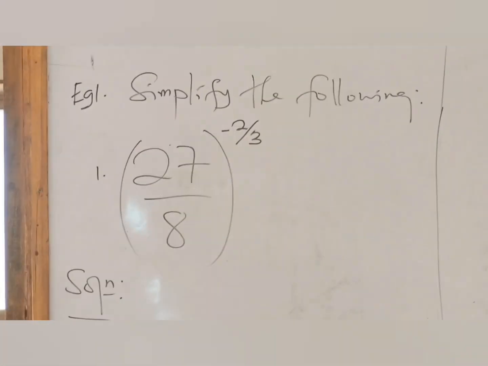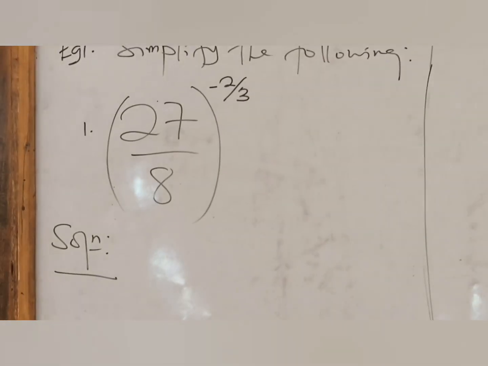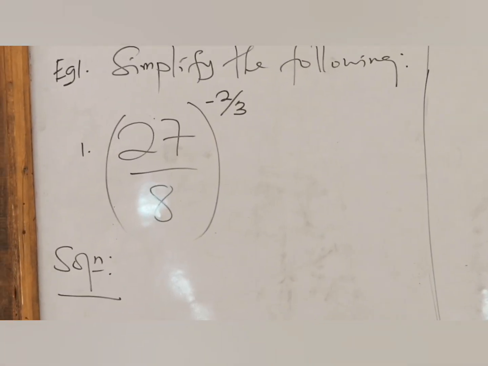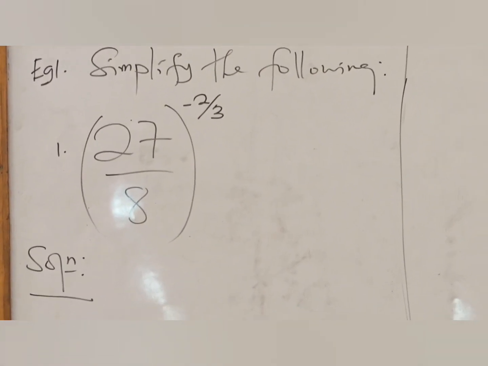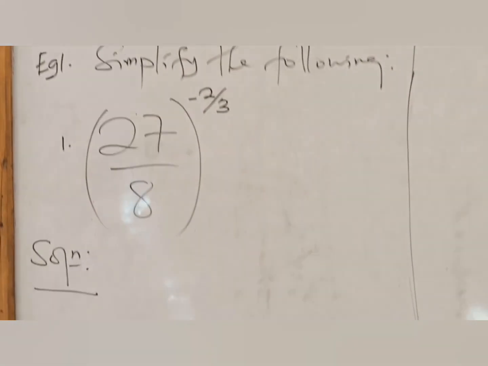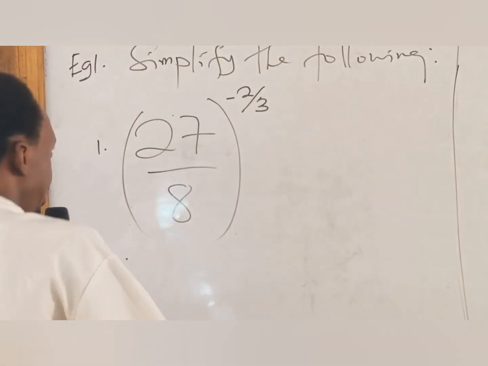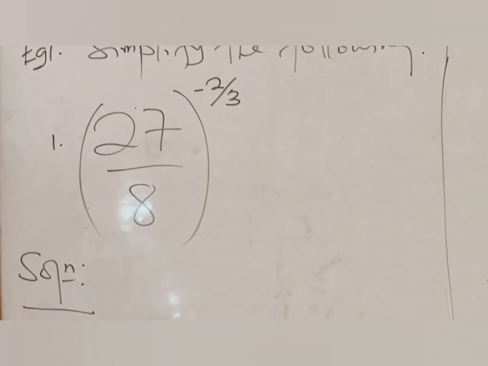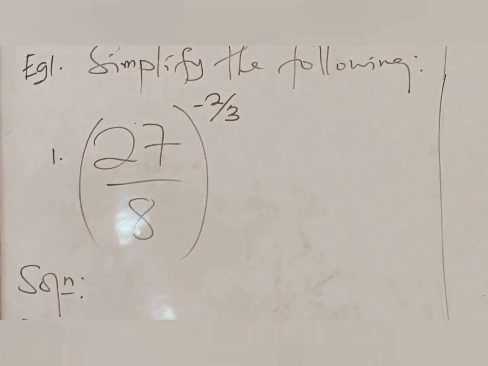Are you all here? So the question says, simplify, in bracket, 27 over 8, all to the power negative 2 over 3. What idea is coming into your mind already? Negative power. That's the first thing that should come to your mind. What property?